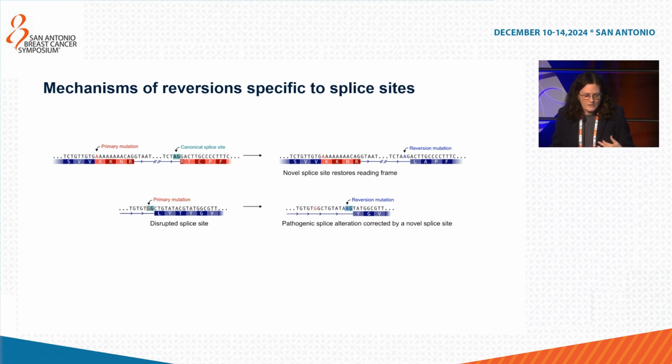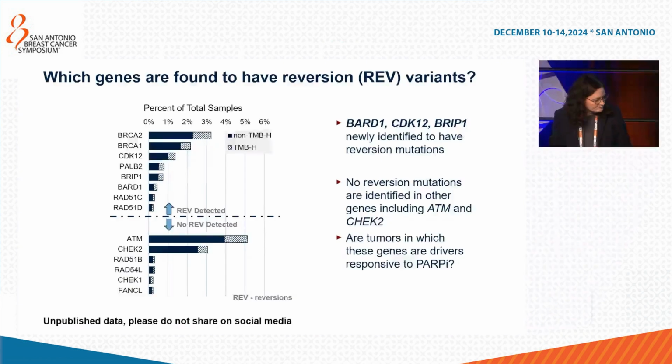What can happen is that you can have reversion mutations that change the splice site, either opening up a cryptic splice site or mutating the certain splice site, and then you have novel splice sites. These reversions can be very difficult to detect and aren't amenable to easily being found using common algorithms.